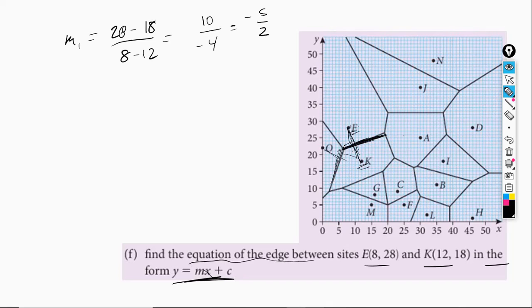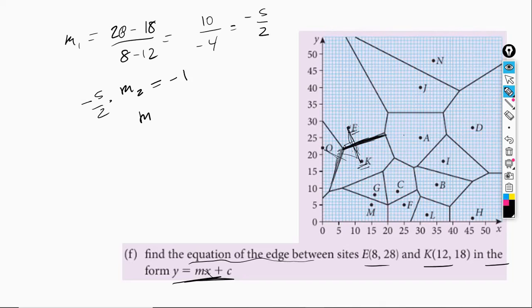Okay, so if this is the slope of the line between points E and K, the perpendicular to this, which is M2, remember this property, if this is minus 5/2 and I multiply it by the slope of the perpendicular, it should equal -1.